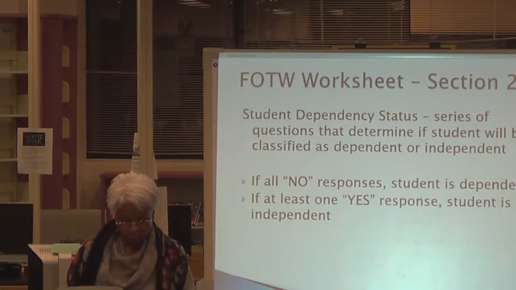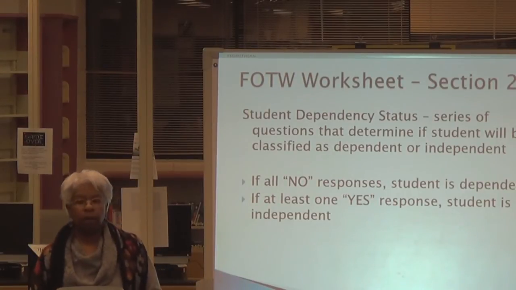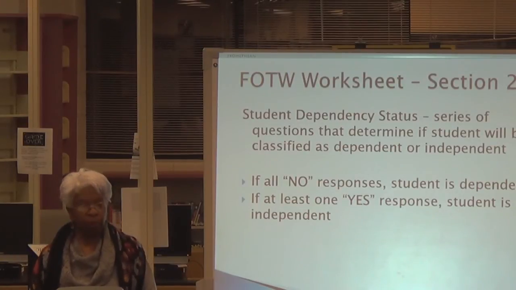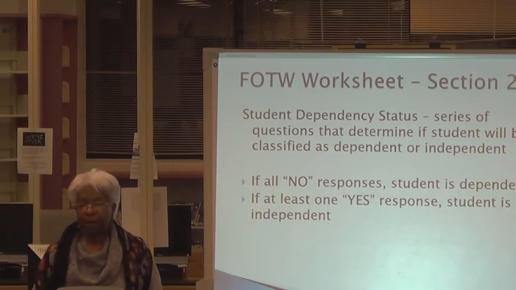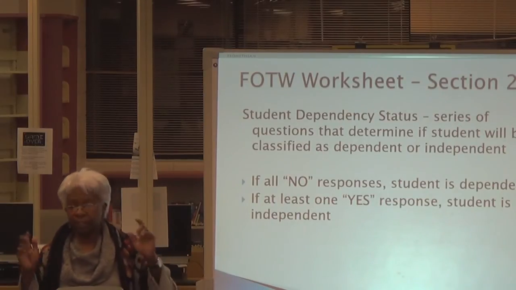One of the things that I want to point out in section 2 is dependency status. I know everyone wants to be an independent student, perhaps you are, but there are only certain people that are considered under the financial aid regulations as independent.